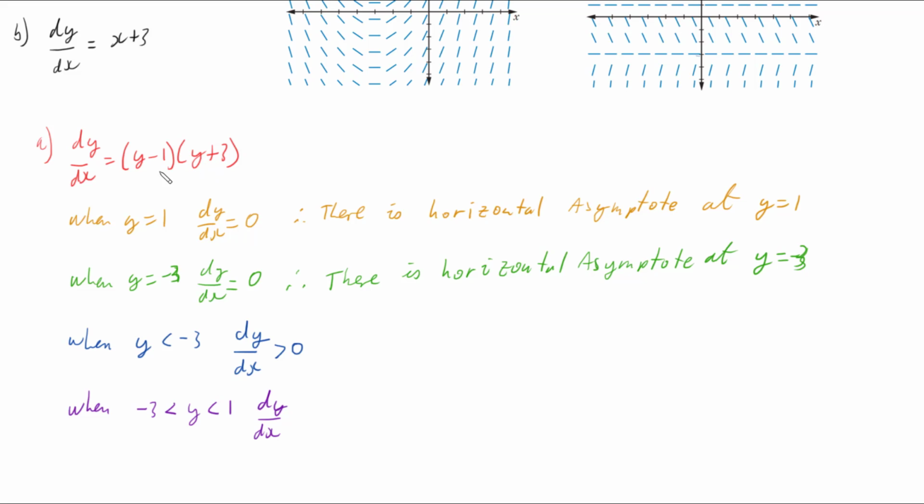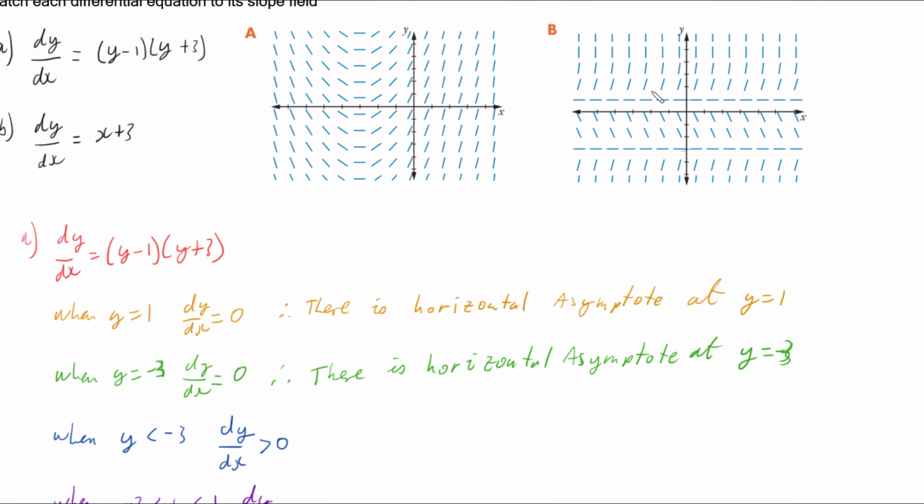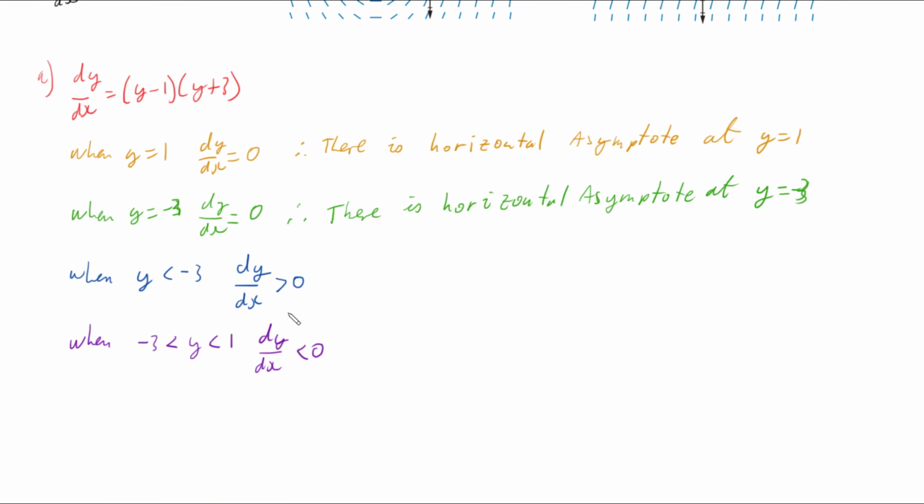Negative 1 take 1 is going to be negative, and plus 3 is going to be positive, so we've got a negative times a positive, so it's always going to be negative. We're going to have a negative slope there. And if we look at our slope between our two asymptotes, they are all negative slopes in there, so that's good, we're matching up so far.